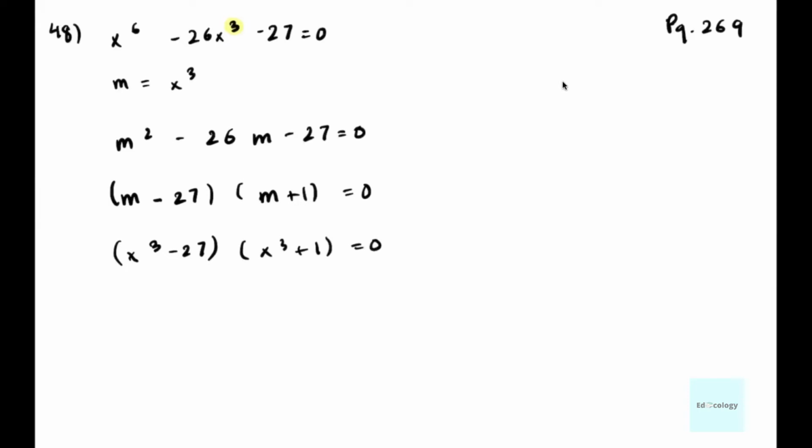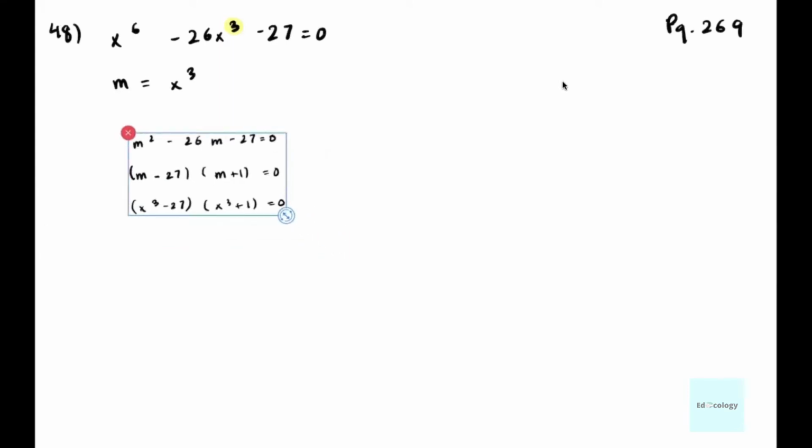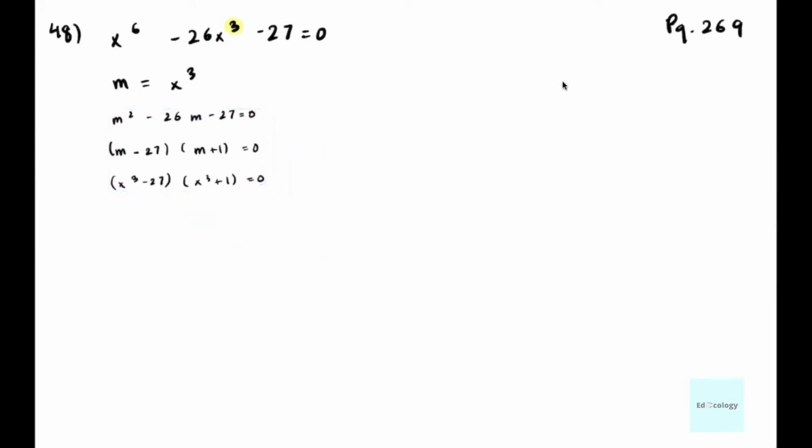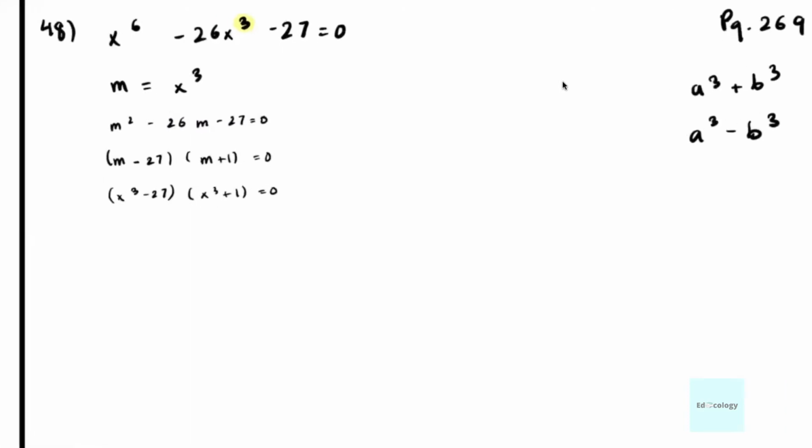Now, after we do that, we are going to use this formula, a cubed plus b cubed, a cubed minus b cubed. We're going to use them in order to be able to solve this equation. So we're going to write x to the power 3, where we're finding the cubic roots of each one, and this will be 3 to the power 3. This is for this equation.